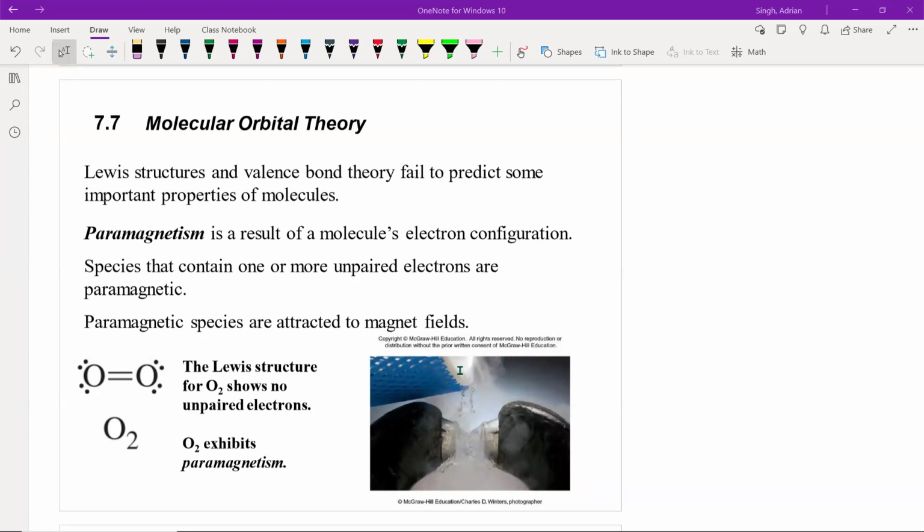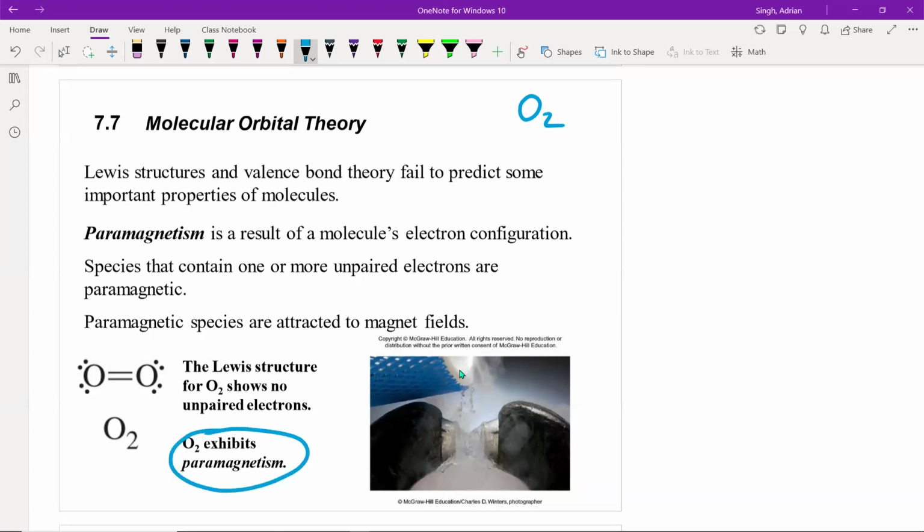However, neither the Lewis theory nor the valence bond theory and orbital hybridization are able to explain some of the other characteristics of different molecules. A good example of this is in the case of diatomic oxygen or O2, which experimentally has been shown to be paramagnetic, right?